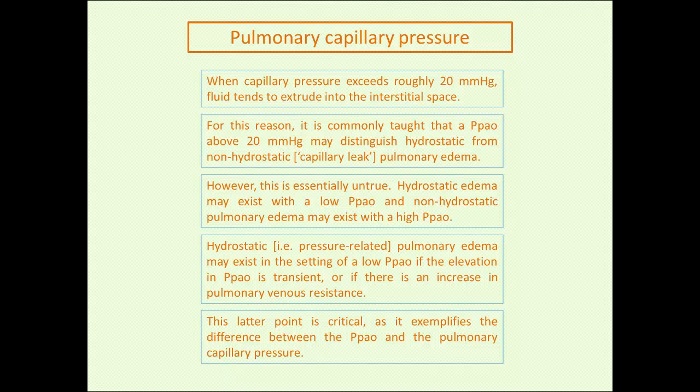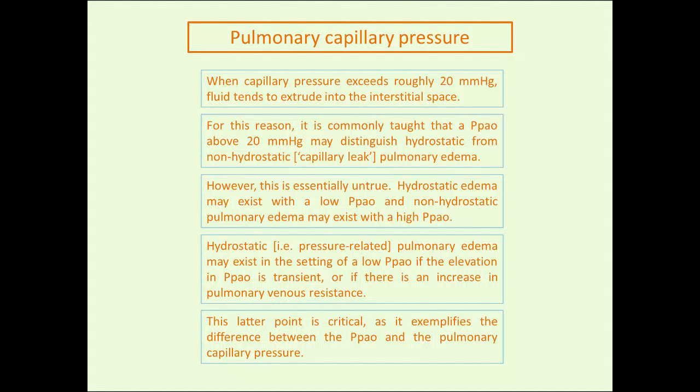Or, as I've mentioned, if there's an increase in pulmonary venous resistance. In this next slide, I'm going to talk about this phenomenon of increased pulmonary venous resistance, because I think it's often forgotten, and we sort of think increased pulmonary venous resistance is pulmonary venous occlusive disease, and that's very rare, and we never see it. But actually, increased pulmonary venous resistance can be commonly seen in critically ill patients, and lots of insults increase pulmonary venous resistance, including increased pleural pressure.